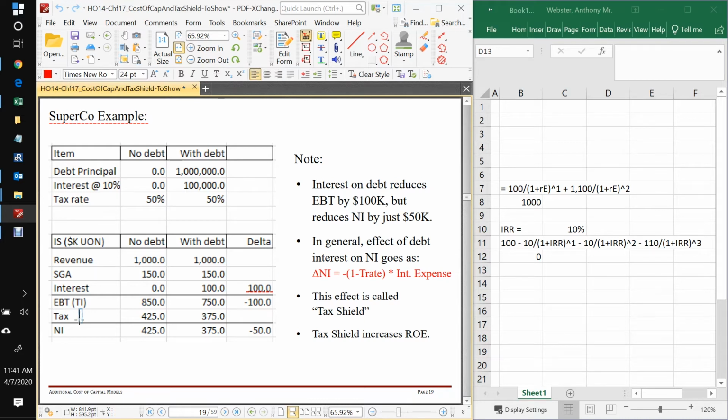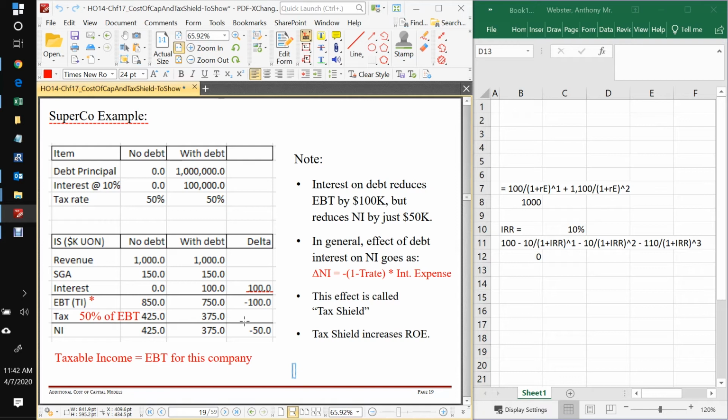So that's 50% of EBT in this case. And I'm saying here that the taxable income is equal to earnings before tax for this company. I'm just saying that so those of you in the accounting police won't try and ding me for that.